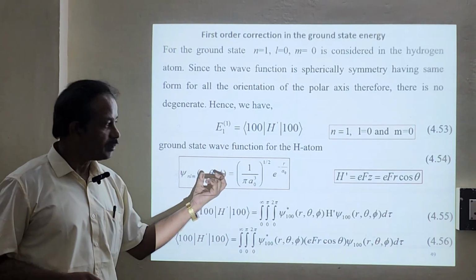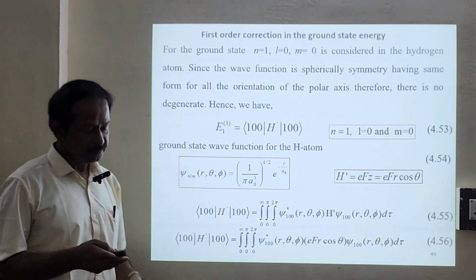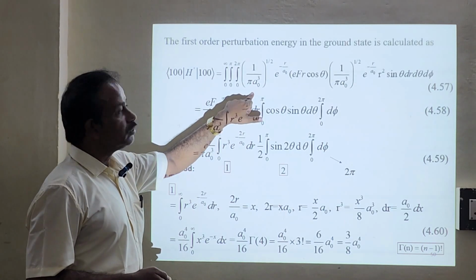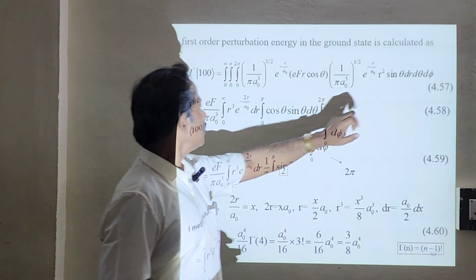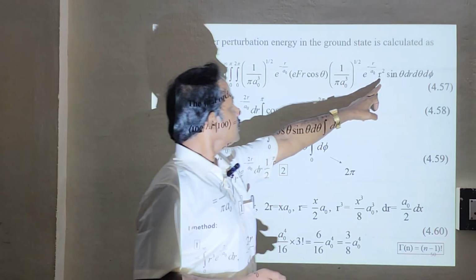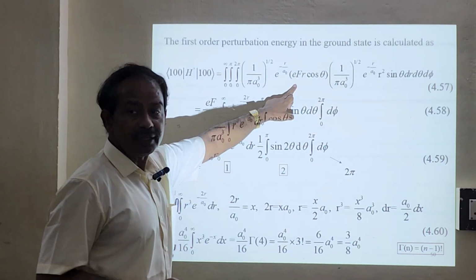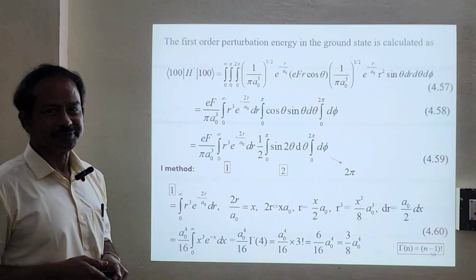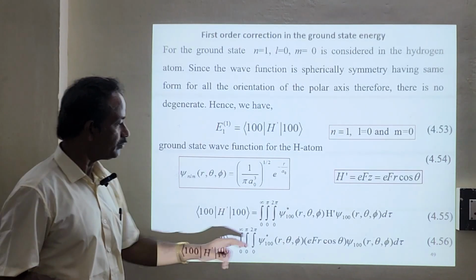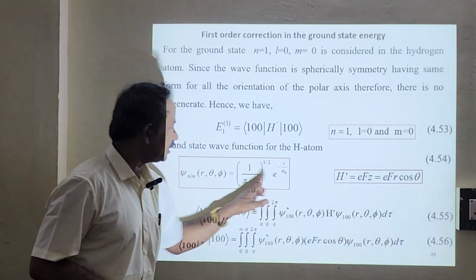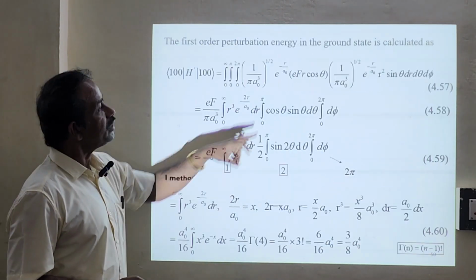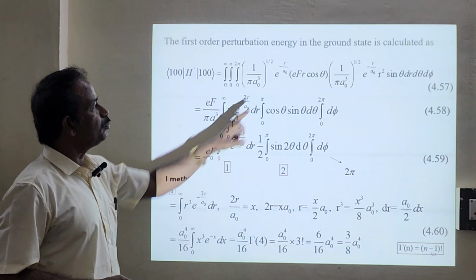So this is the expression for your psi star, and this is the expression for your psi. This will be your perturbing Hamiltonian, eE r cos theta. You pull eE out.